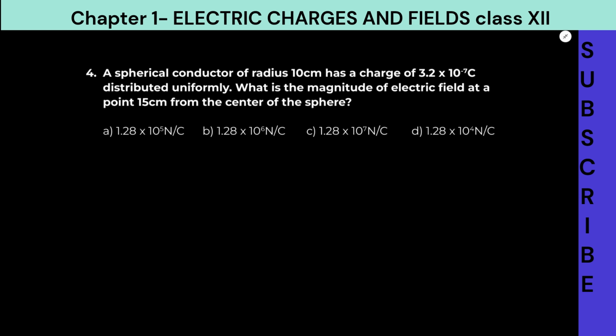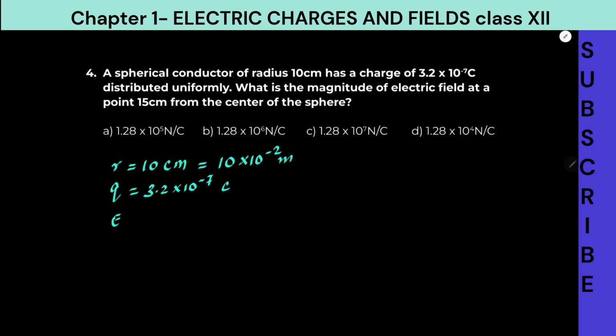What is the magnitude of electric field at a point 15 centimeter from the center of the sphere? So here, the radius of the sphere is 10 centimeter, and I am converting it here so that we don't have any confusion later. And the charge here is given as 3.2 into 10 to the power minus 7 coulomb, proper unit.